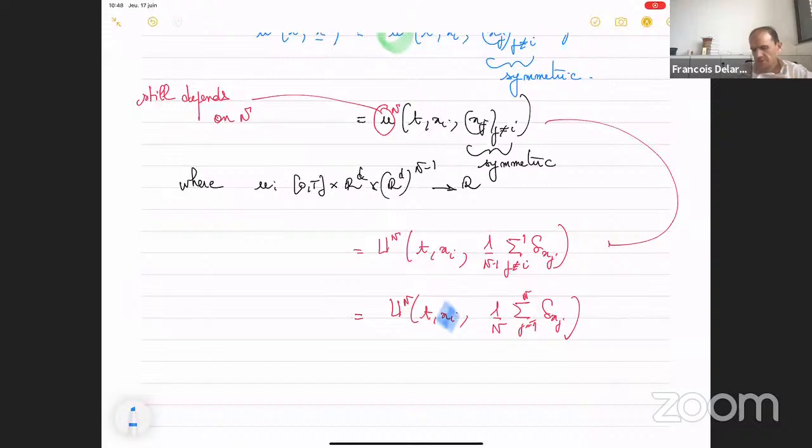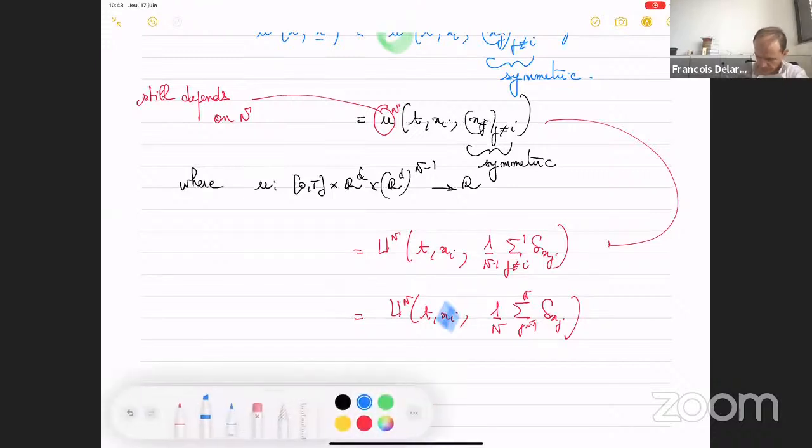If I do so, this is just to show you that what I'm doing right now is to try to recover something that is really similar to what we did yesterday for the master equation.